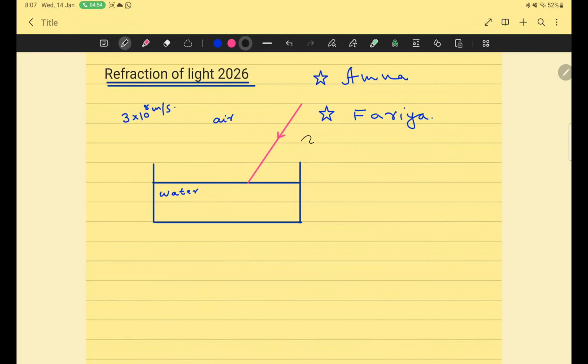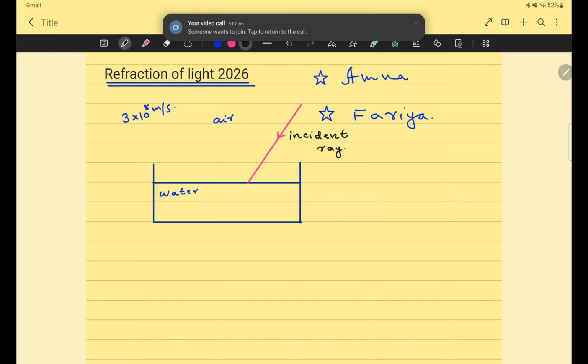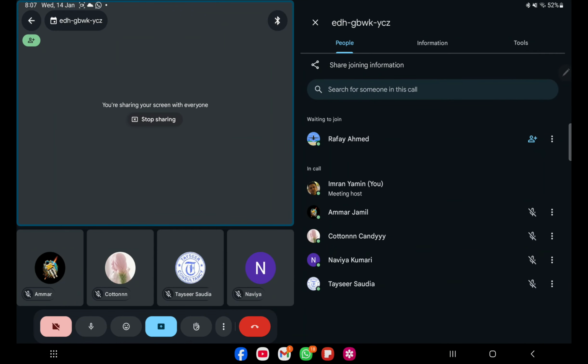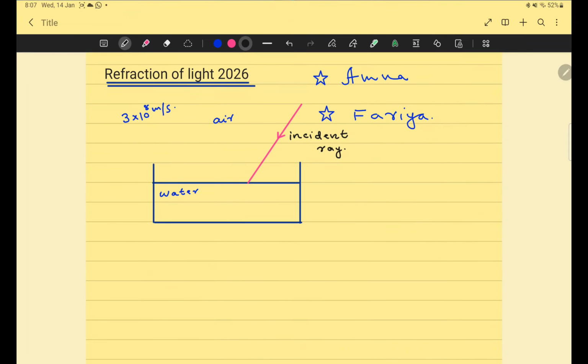Consider this is a ray of light. This ray is called the incident ray, and this incident ray is striking the boundary of water. When it strikes the boundary of the water, obviously it is entering into the water, and the density of water is greater as compared to air.